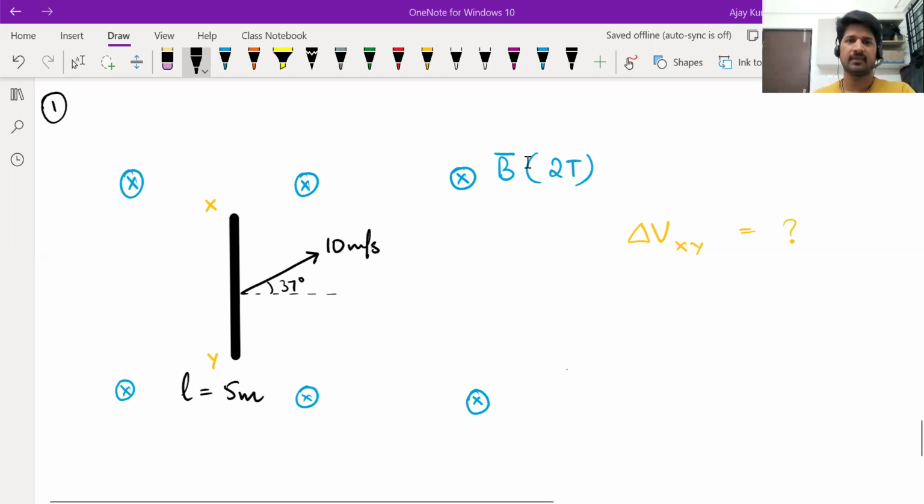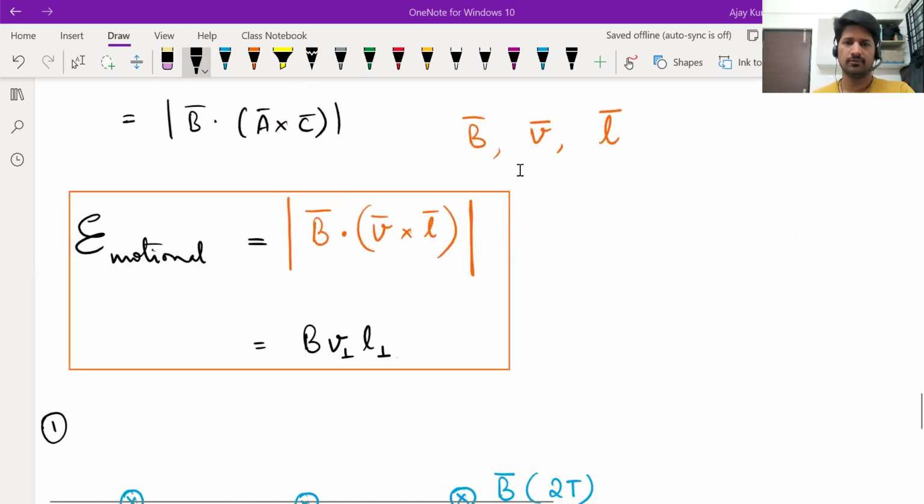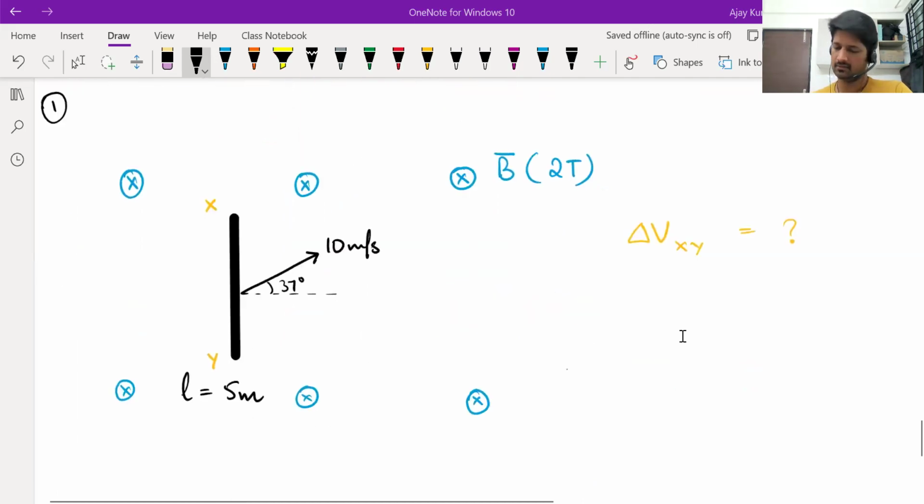Note down the formula, all of you. B dot V cross L, okay, the magnitude of it, or simply B V perpendicular, L perpendicular. Okay. We'll do it in that vector form, and we'll also do it the other way.